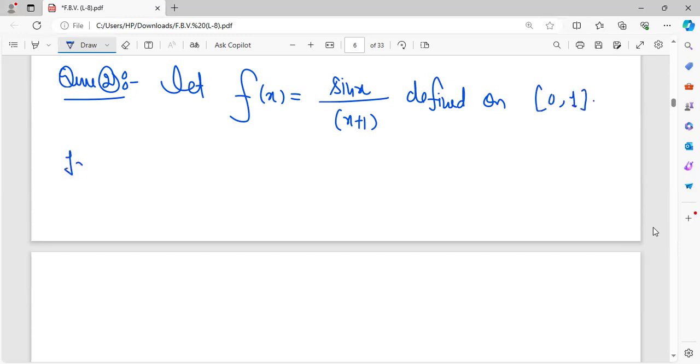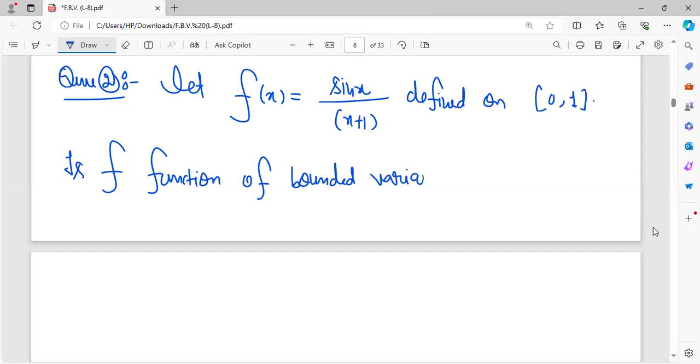Is f a function of bounded variation on the closed interval [0, 1]? The answer is yes.